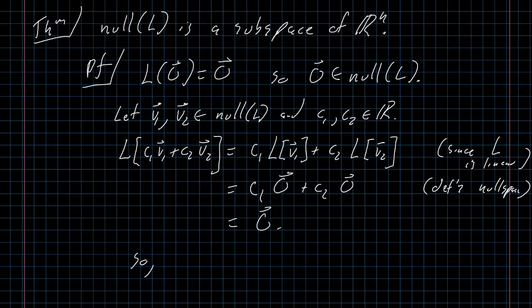And so by definition, this linear combination, C1v1 plus C2v2, is also something in the null space of L. Right? That's what it takes. The zero vector is in the null space. The null space is closed under linear combinations. The null space is a vector space.